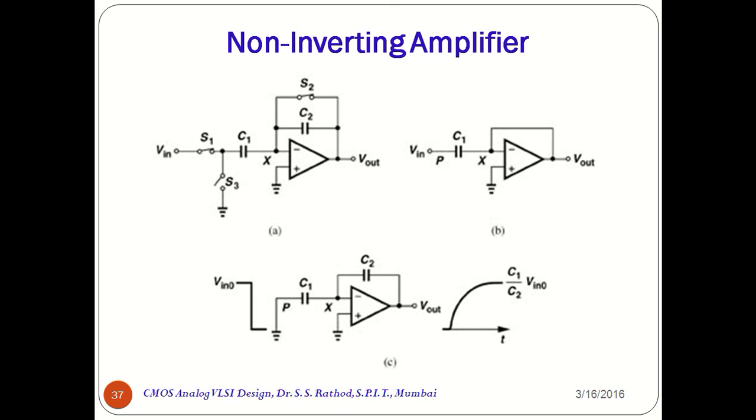So in this case, C1 will charge to Vin, and then those charges will be transferred to C2. So it will produce the voltage as charge upon capacitance, that is C1 Vin upon C2.